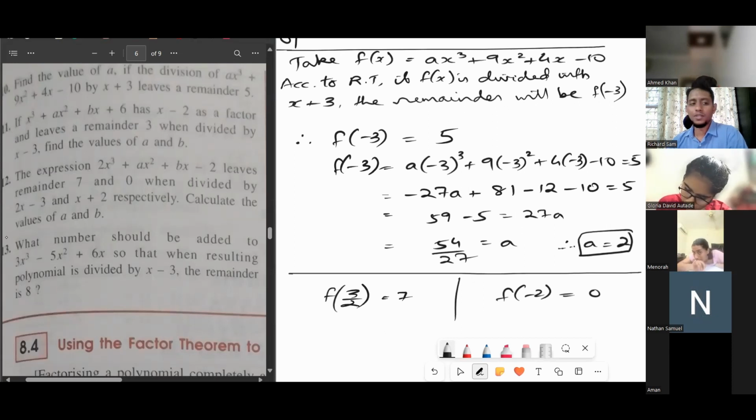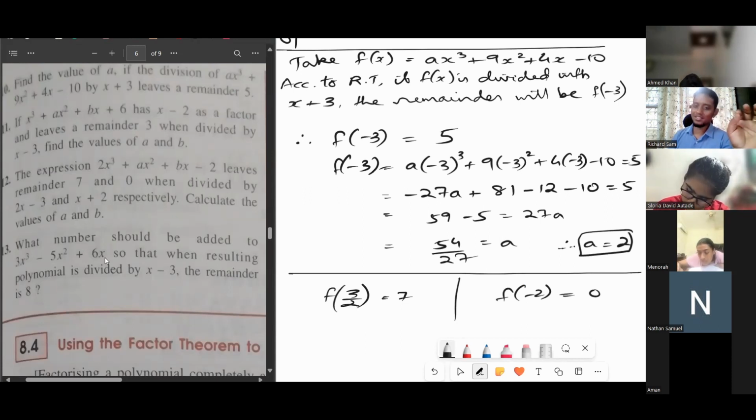When you divide anything with x plus 2, what does the remainder theorem state, Anna? The remainder theorem tells you that if you're dividing something with x plus 2, the remainder is f of minus 2. If you're dividing it with 2x minus 3, what does the remainder theorem tell you? No, the remainder.